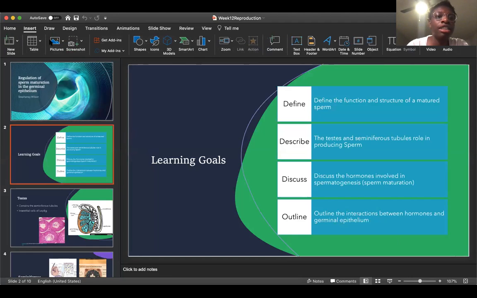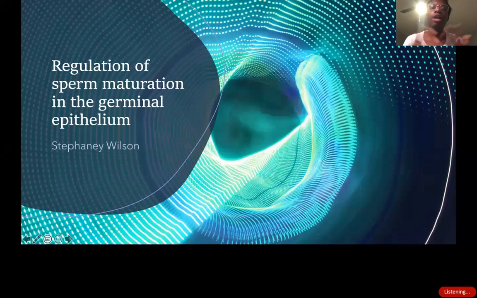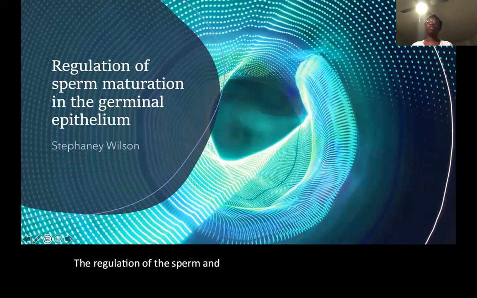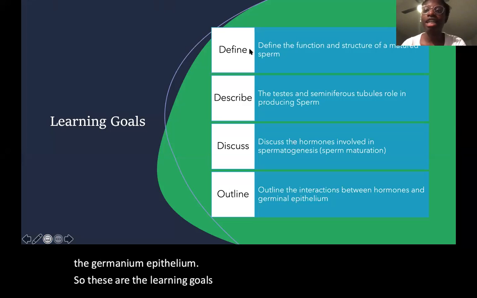So in this lecture, we are going to be discussing the regulation of the sperm and how sperm's maturation is regulated in the germinal epithelium. So these are the learning goals that we will focus on for this session.